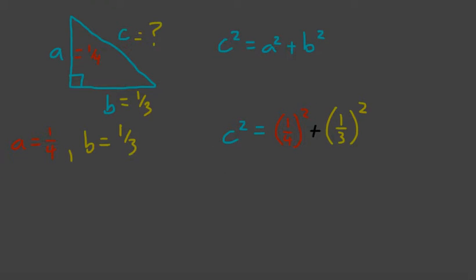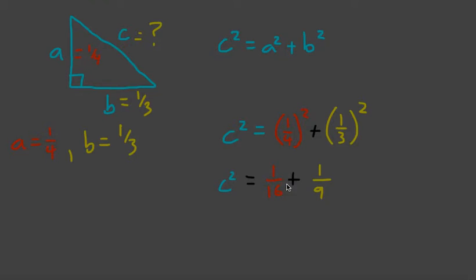Well then, what we have is c squared equals 1/16 plus 1/9. Okay?